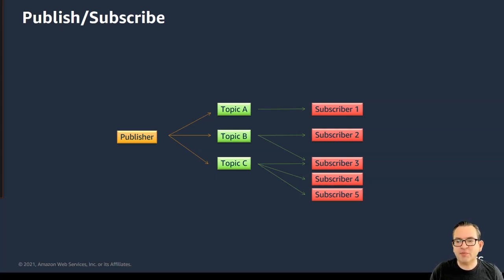The publisher in Innovator Island is publishing ride wait times to one topic, but there are up to 50,000 people listening to that topic to get those ride wait times. Or you could have an all users topic. This is something that affects everybody who's using the app. That might include things like emergencies or outages of that nature.